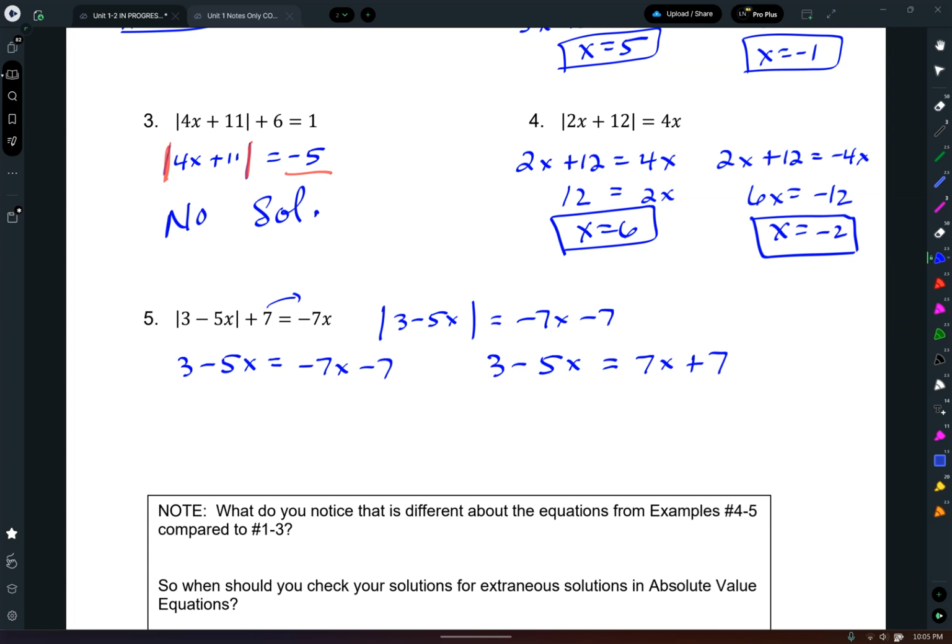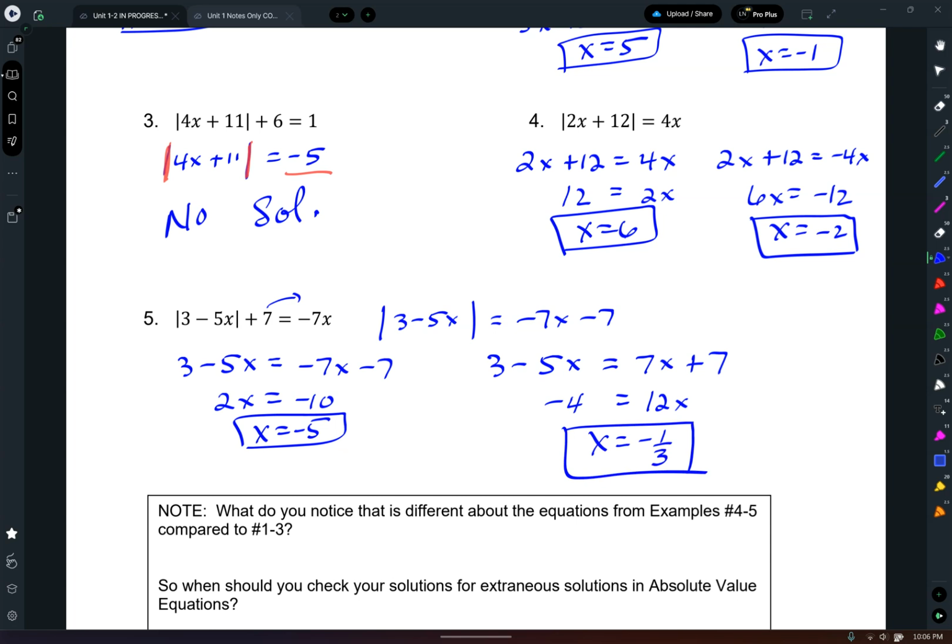Let's see, if I move my 7x over, I'm going to get 2x equals, move my 3 over, negative 10. So x is negative 5. On this one, I move my 5x over here, and I move my 7 over here, divide, I'm going to get negative 1/3.